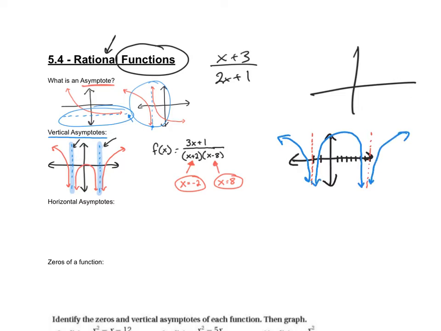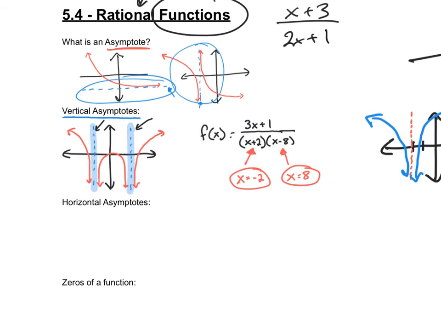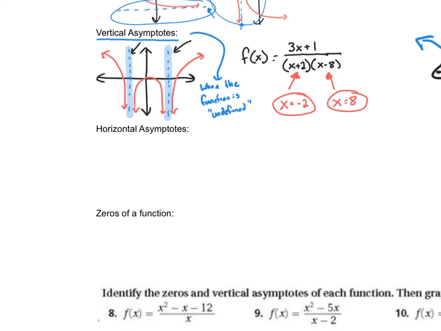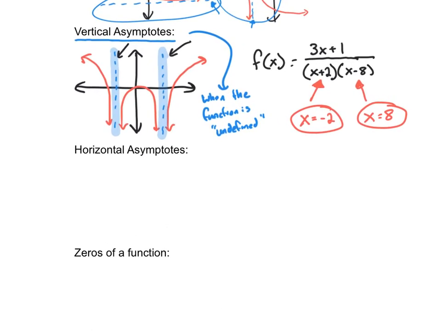It kind of looks like that a lot of times. But vertical asymptotes are when the function is undefined. So it's those bad x values that would cause problems. That would give you vertical asymptotes. All right? So that would be vertical asymptotes.